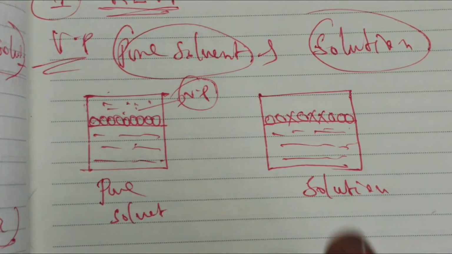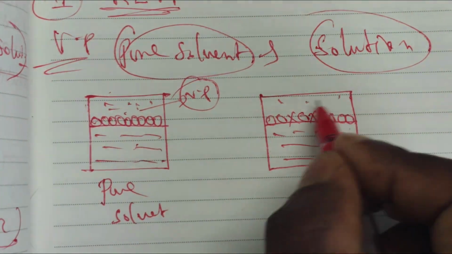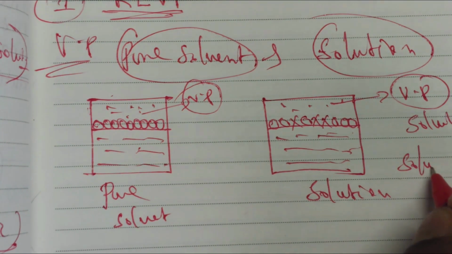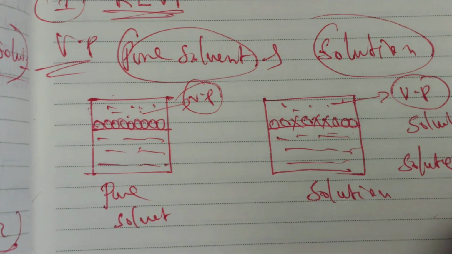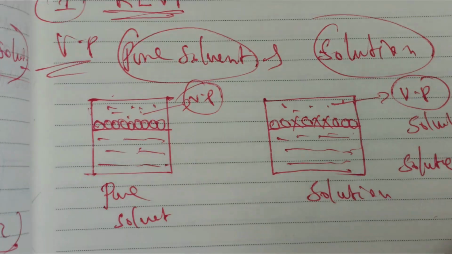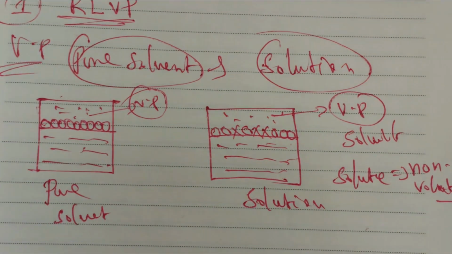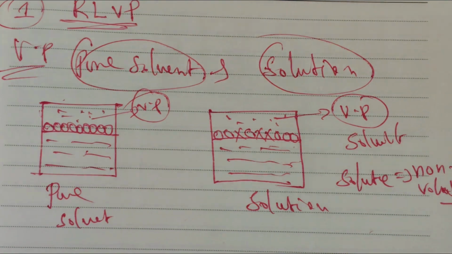Here, if you assume the solute is non-volatile, the vapor pressure only depends on the solvent, because the solute is non-volatile.